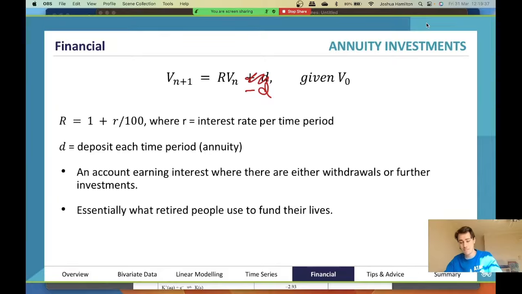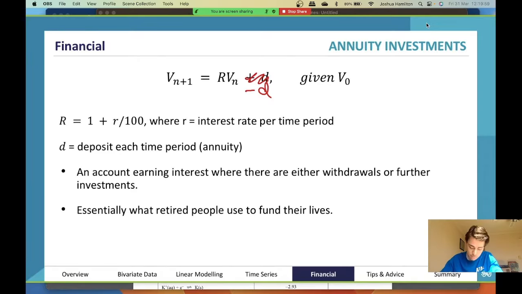So essentially, when people retire and they've got a bit of money that's not in their super, it stays in their account and they put it in an annuity account. What that means is that account earns interest, and so that account gets bigger, but every month or 2 months or 3 months, they take a set amount of money out. That money that they take out is more than the interest earned.